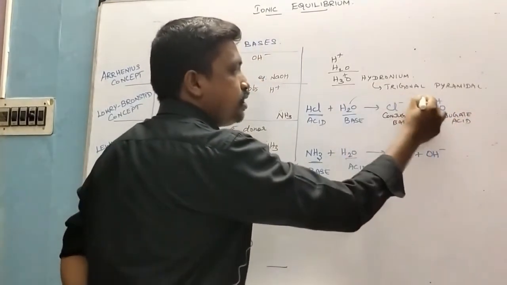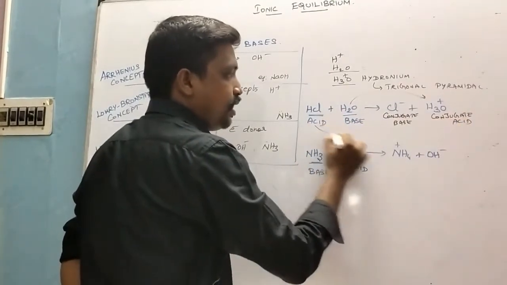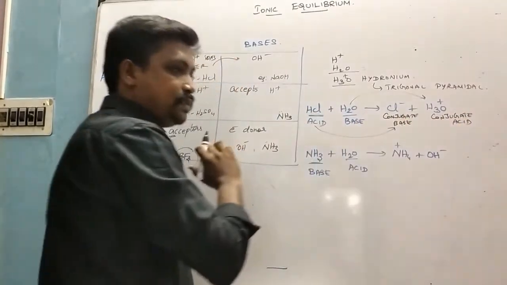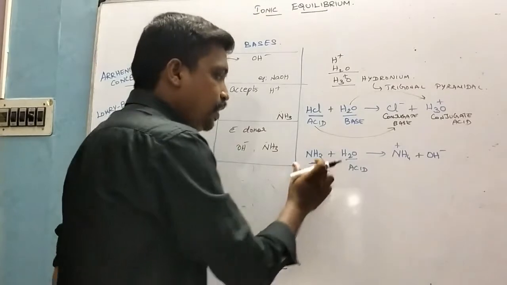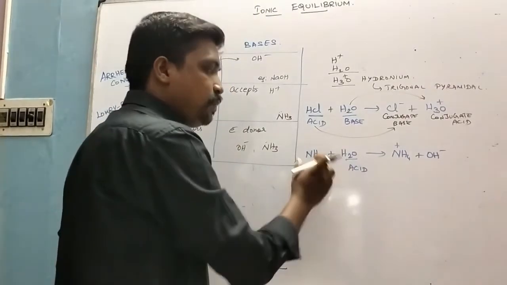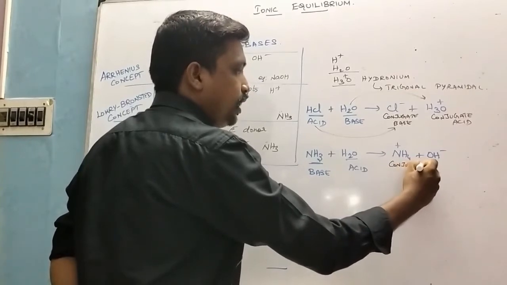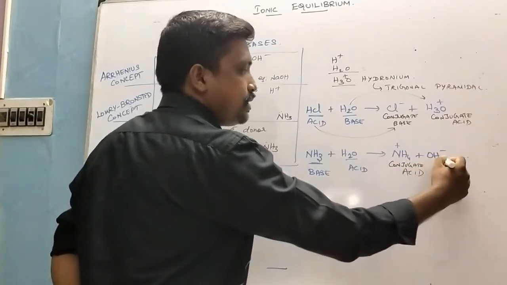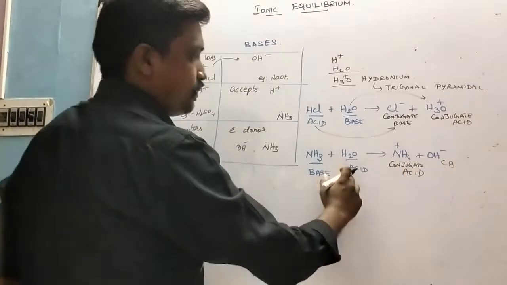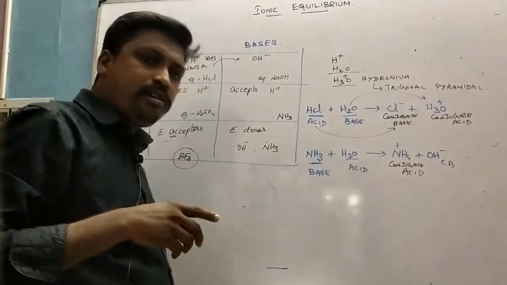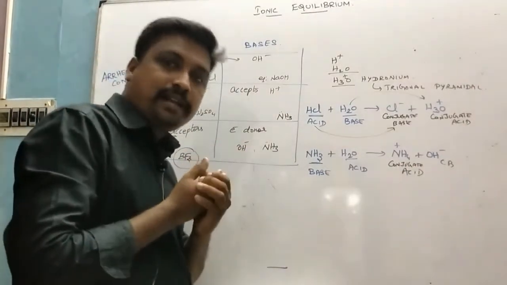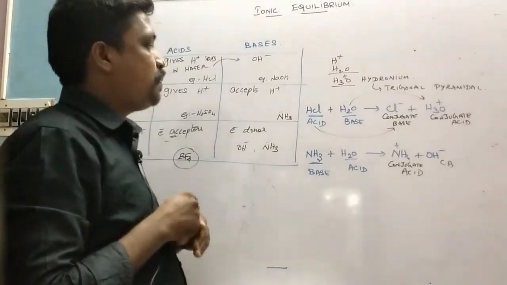So this is the conjugate acid of this base, and this is the conjugate base of this acid. Similarly here, when we add H plus to the base, what is the name of it? Conjugate acid. So this is called a conjugate acid-base pair.